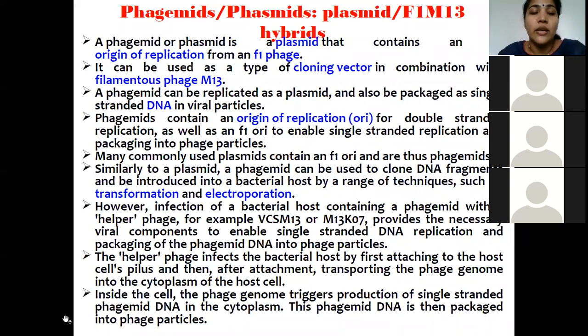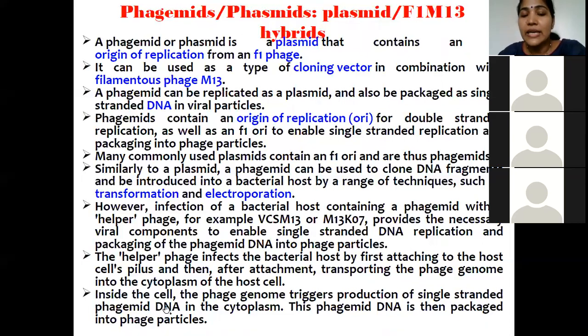So the helper phage infects the bacterial host by first attaching to the host cell's pilus, and then after attachment transporting the DNA. This particular line is explaining how the phage part of this phagocyte will be working by infecting the bacterial host.